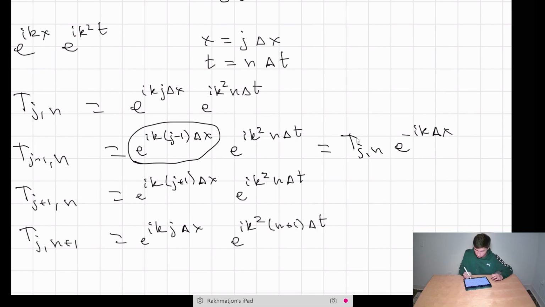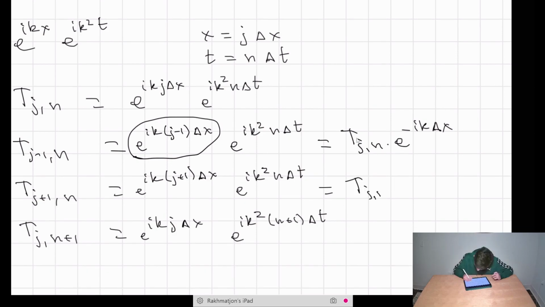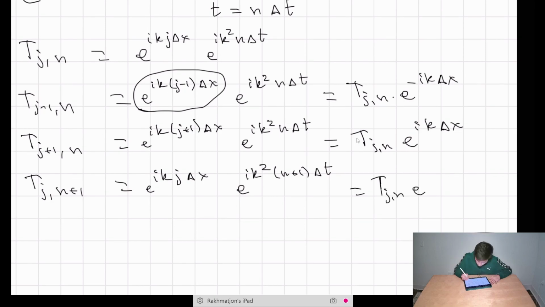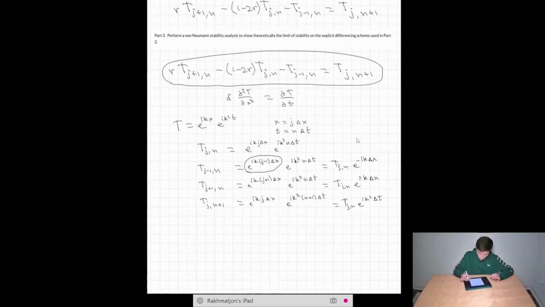For this one, that's going to be T j at n times e to the i k delta x without the negative sign. And this is the temperature at j, n times e to the i k squared delta t, now with respect to n. So now I can plug those back into this equation.